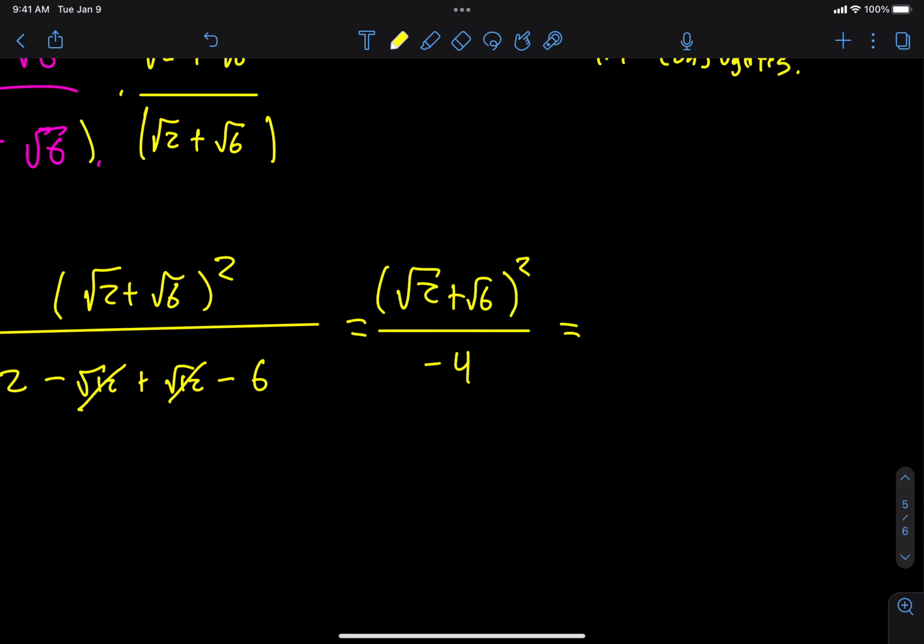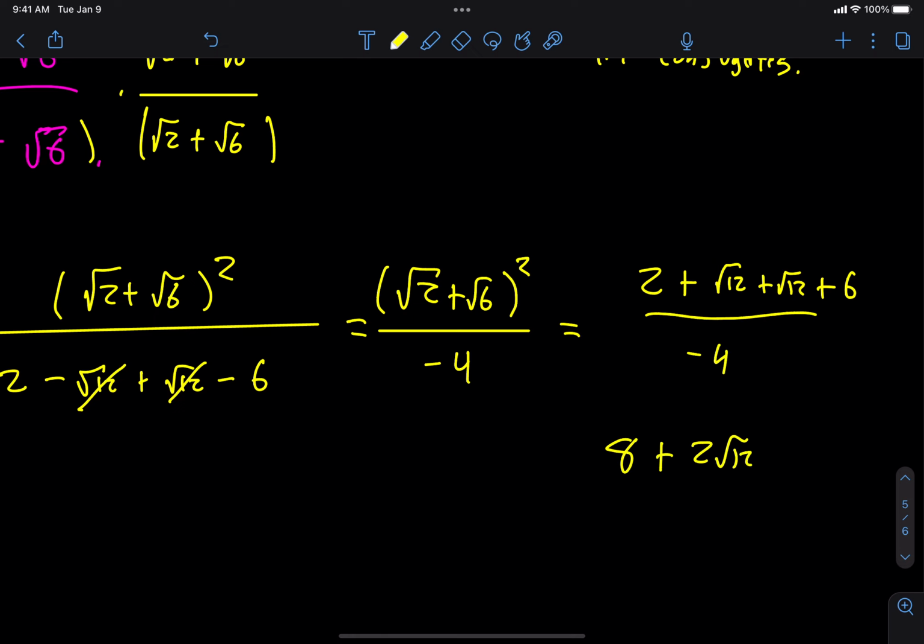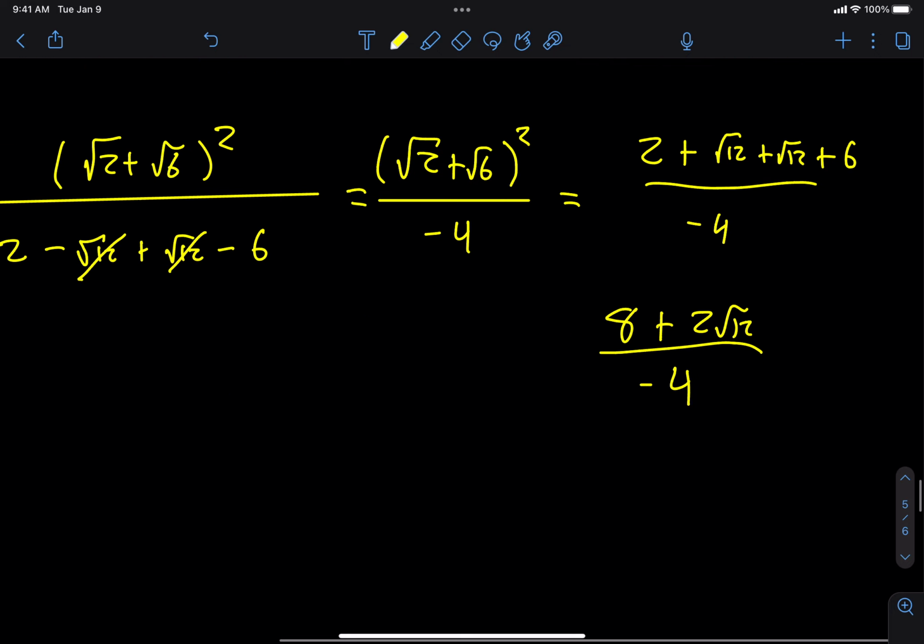Okay, and if you wanted to FOIL that out, you would get 2 plus root 12 plus root 12 plus 6, which would be 8 plus 2 root 12 over negative 4.